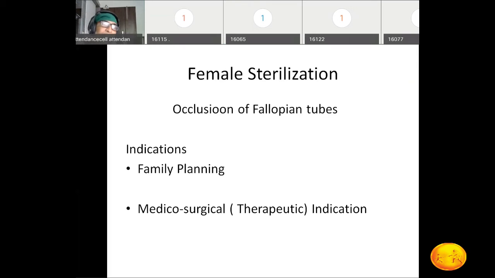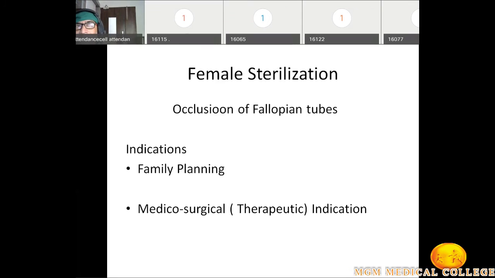Right? Another indication is if a couple is having infertility due to hydrosalpinx, meaning tubal factor of infertility. What is the treatment of tubal factor of infertility for the pregnancy?